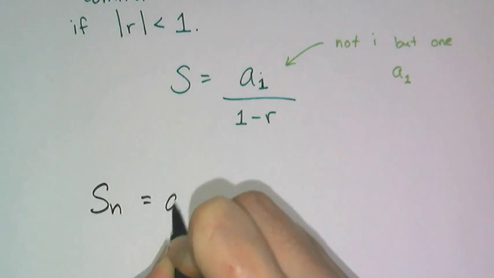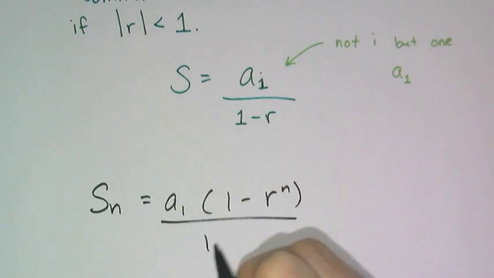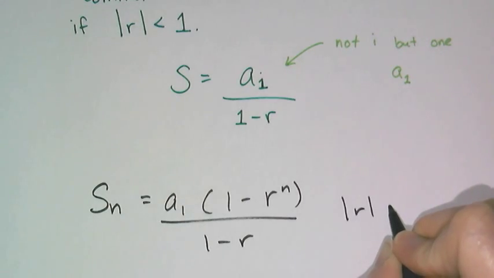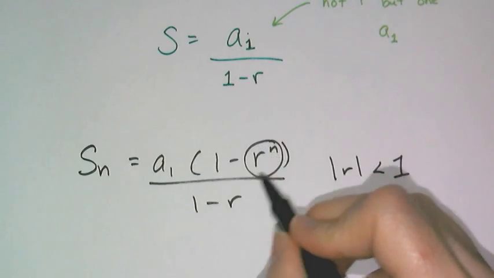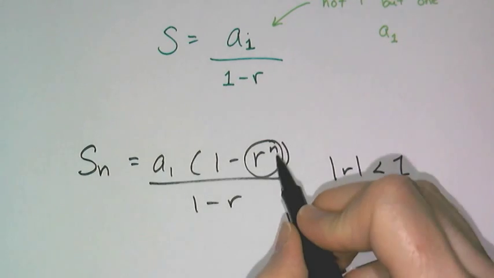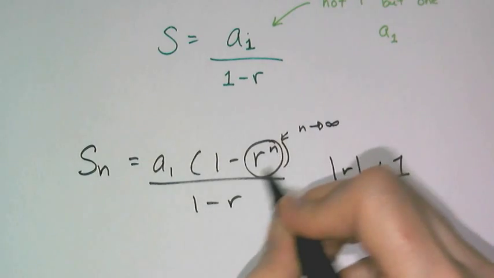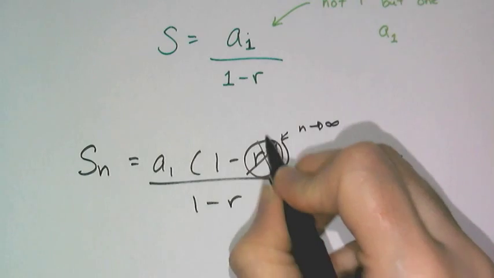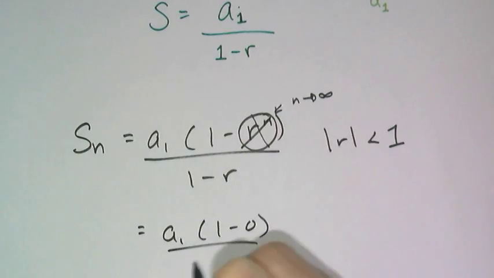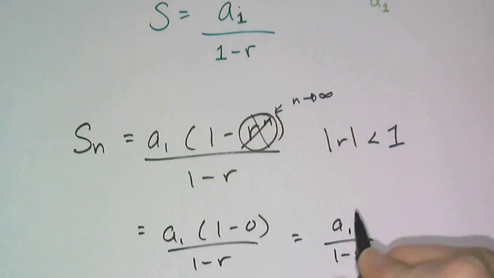If you look at the formula for theorem 2, and think about what's going on when the absolute value of the ratio is less than 1, this thing here is some fraction that's less than 1. So as this n value approaches infinity, this value here basically becomes 0. So then what you have is 1 minus 0 over 1 minus r, which just means you have a sub 1 over 1 minus r.